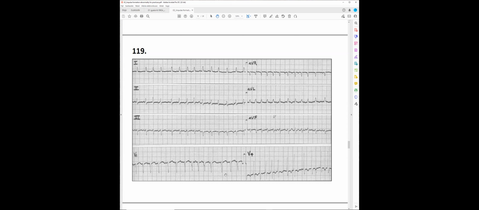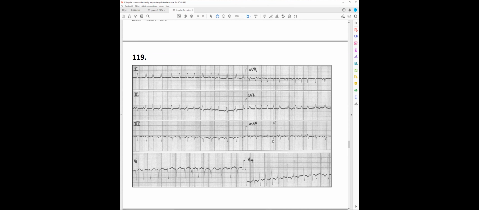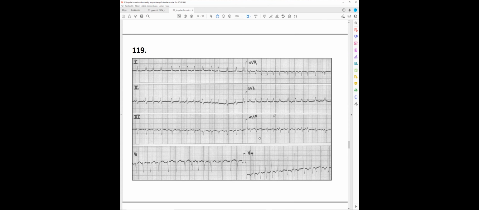And the axis? The lead one is positive and aVF is slightly negative, but it's okay. Good. Slightly negative, but it's close to equiphasic, so the axis is going to be close to 0. Between 0 and minus 30. So it's a left deviation.